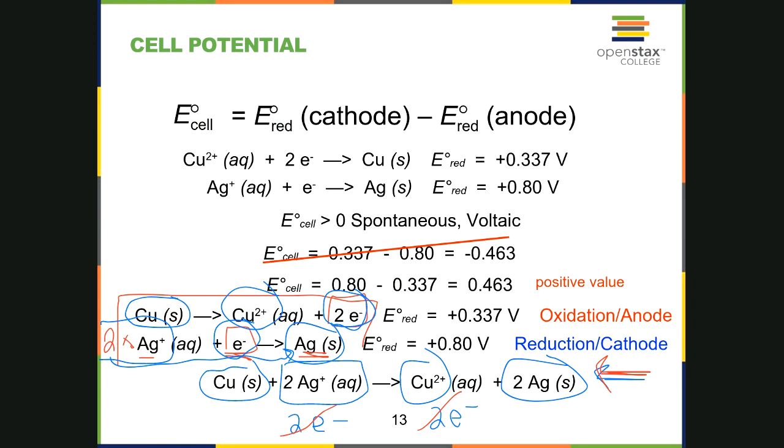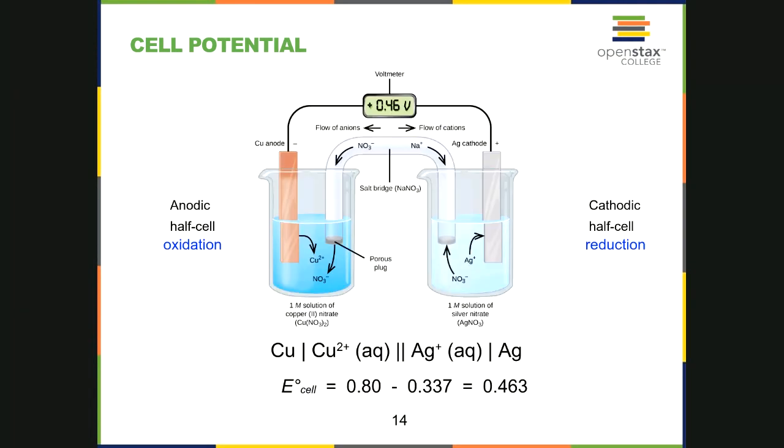Okay, I think we've got one more slide we should take a look at. So we'll go to one more slide and then we're going to do the worksheet. This is the first voltaic cell slide that we saw, and this is for that same calculation we were just doing. You can see that I've got positive 0.46 just like we calculated.